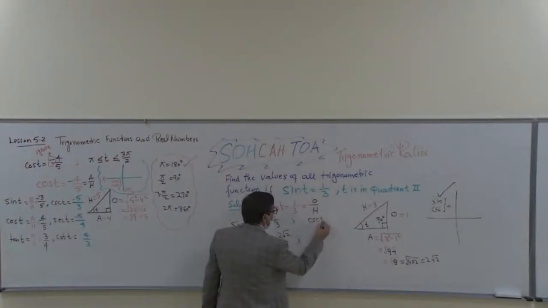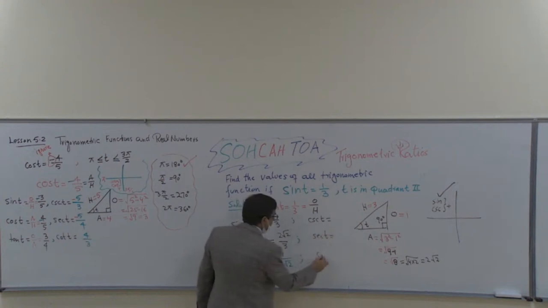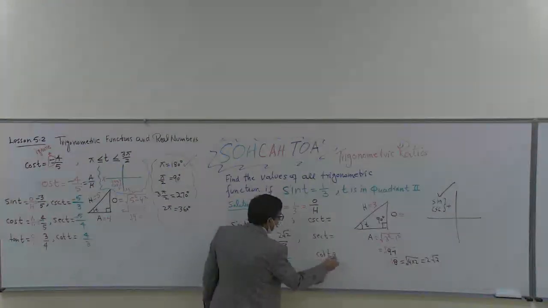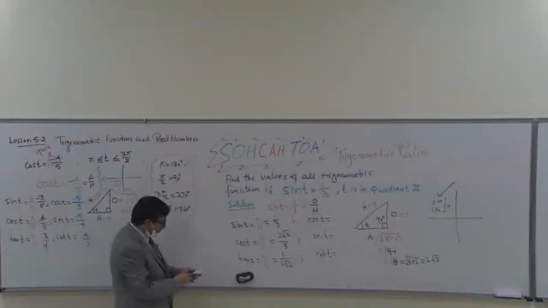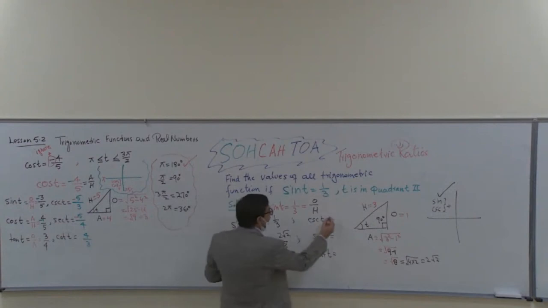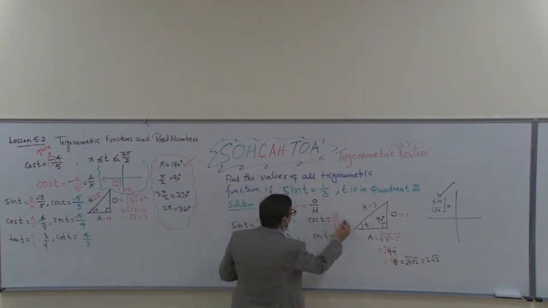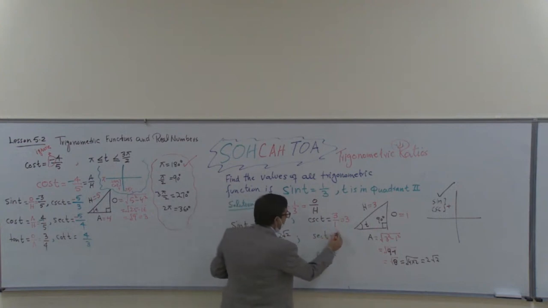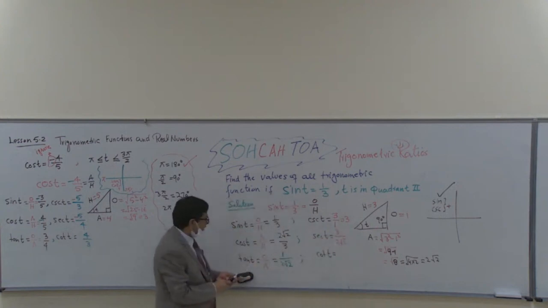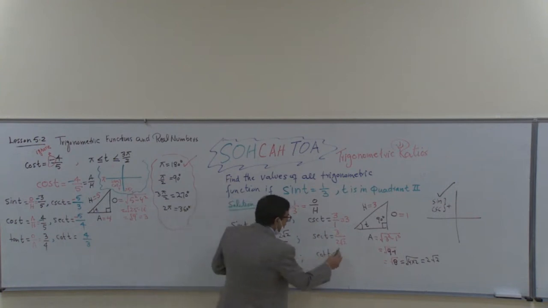Cosecant t, and this one is secant t, and this is cotangent of t. So we have to just swap their sides. Okay, solve them. This is 3 over 1. Simplify, which is 3. This is 3 over 2 radical 2. And this is 2 radical 2 over 1.